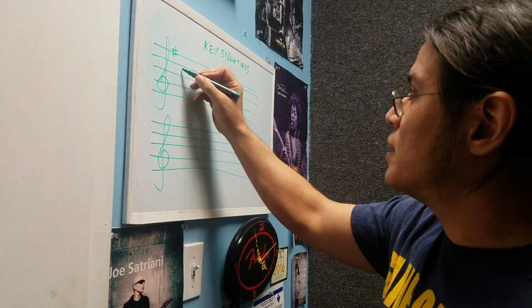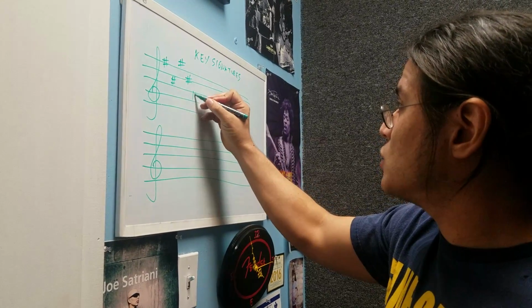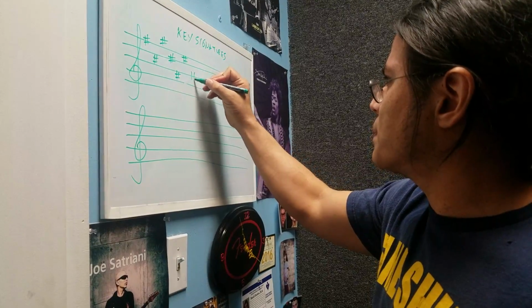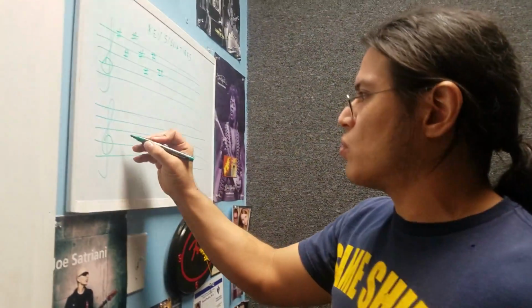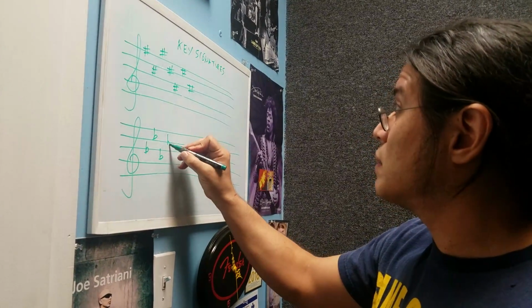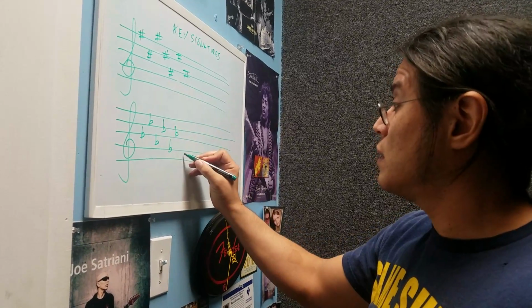So you have F sharp, C sharp, G sharp, D sharp, A sharp, E sharp, and B sharp. Okay? And the flat keys appear in the reverse order. So you have B flat, E flat, A flat, D flat, G flat, C flat, and F flat.